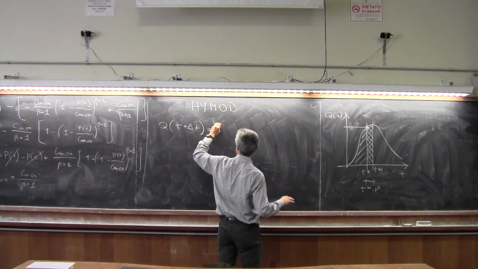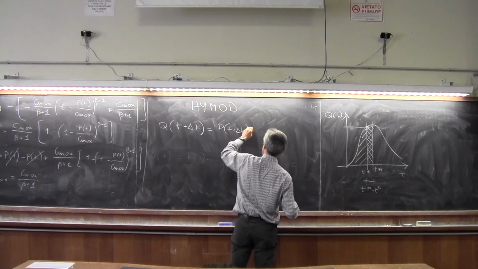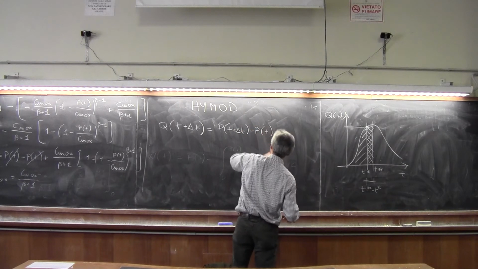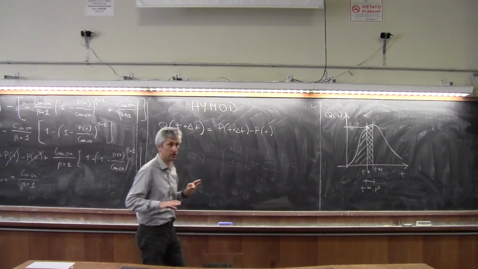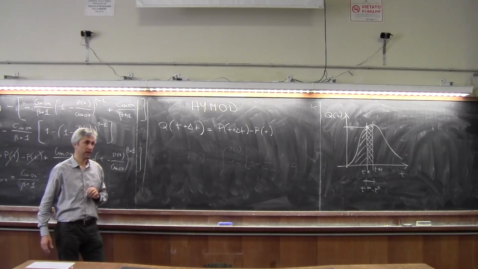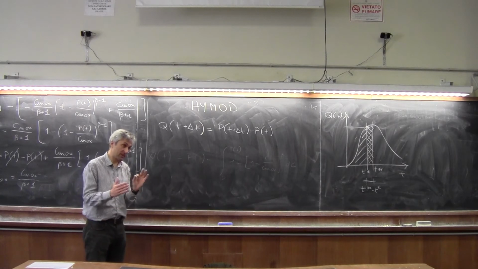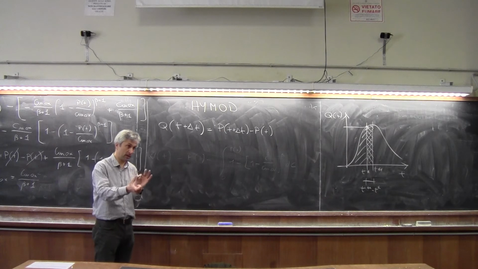You take the rainfall at time t plus delta t, minus rainfall at time t, and this is cumulative rainfall, so you get the incremental rainfall, and you have to subtract the volume that is stored in the catchment.